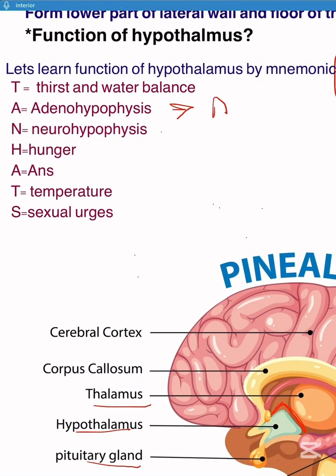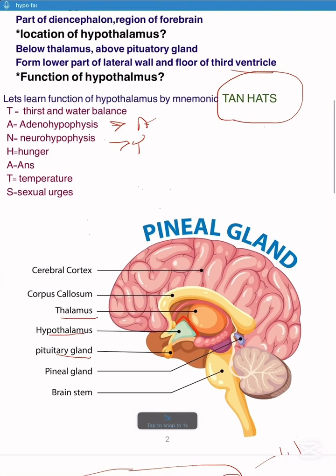The anterior pituitary is also known as adenohypophysis, and the posterior pituitary is also known as neurohypophysis. So TAN is simple: T for thirst, A for adenohypophysis, and N for neurohypophysis. Adenohypophysis is the anterior pituitary and neurohypophysis is the posterior pituitary.